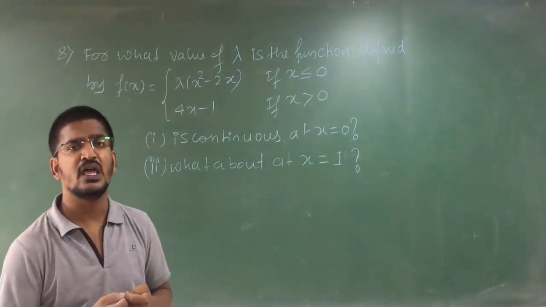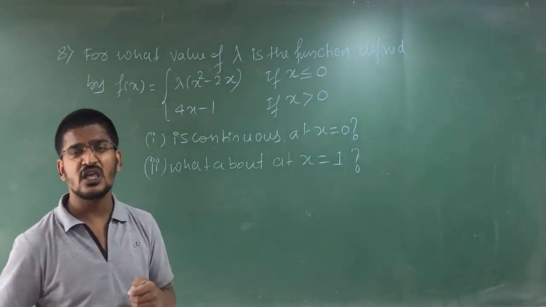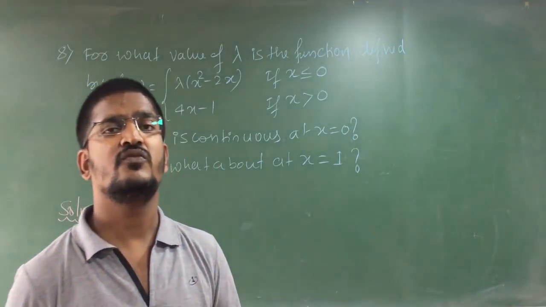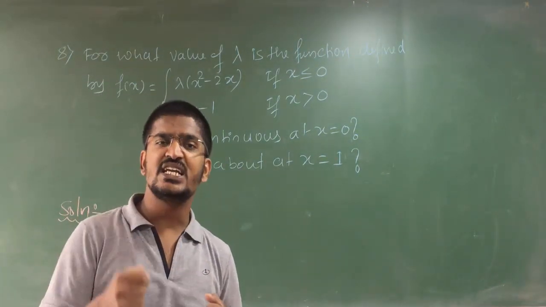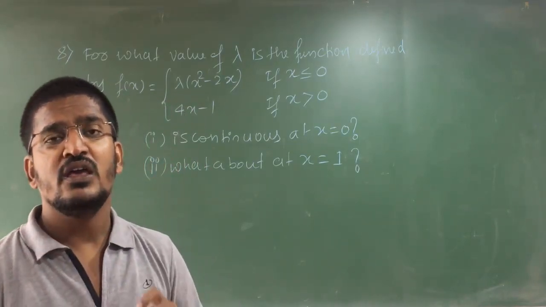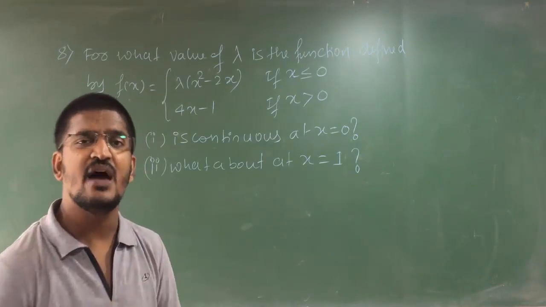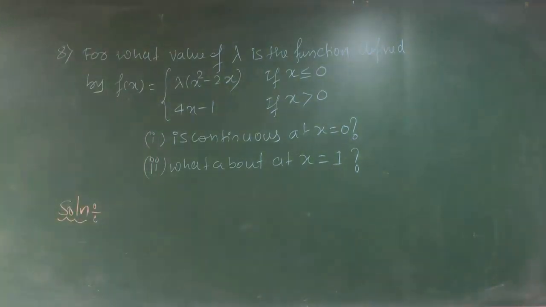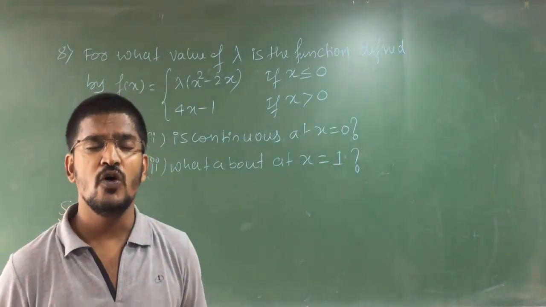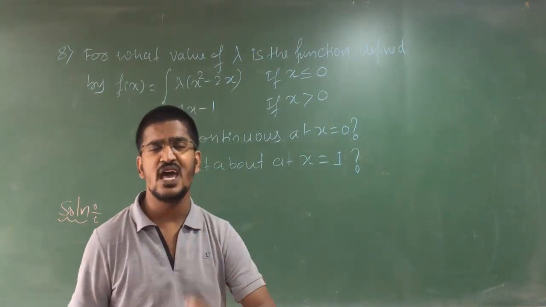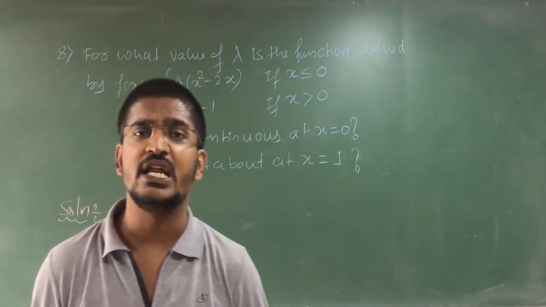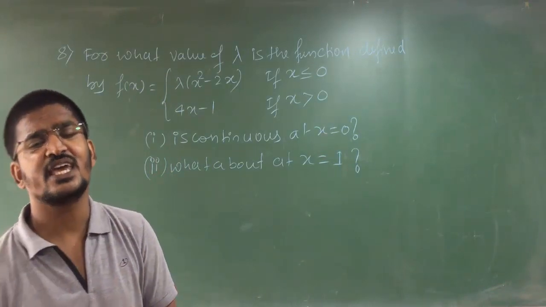So please remember here, directly they have not given that the function is continuous. First they are asking, is it continuous or not? If it is continuous, then find the value of lambda. You have to understand the problem. Clear, my dear students? In this particular question, what they have asked is very, very important, so please observe that carefully.